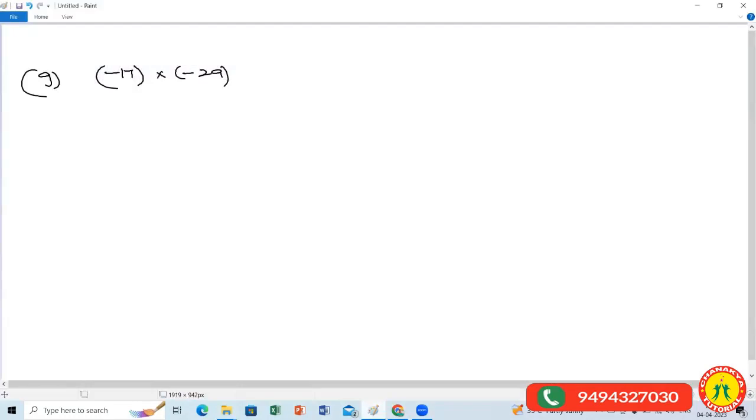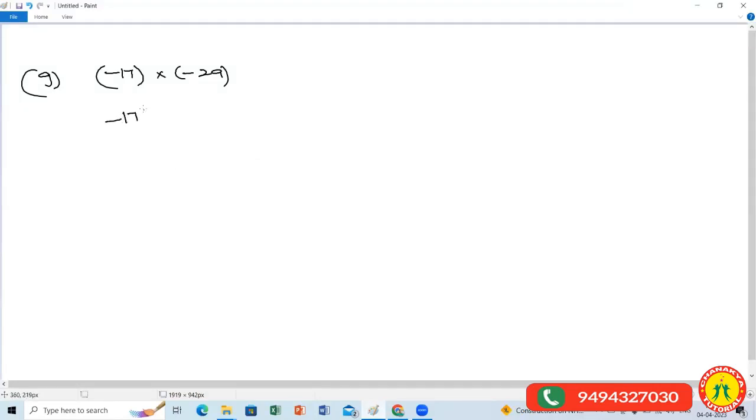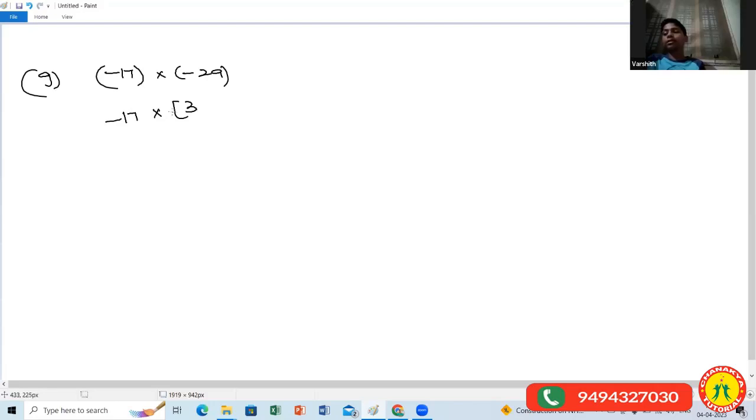Even I don't know how to do it. So my people can suggest, then only I'll do it on the board. Ma'am, negative 17 into 30 minus 1. Very good. Negative 17 into 30 minus 1, or minus 30 plus 1? Minus 30 minus 1.